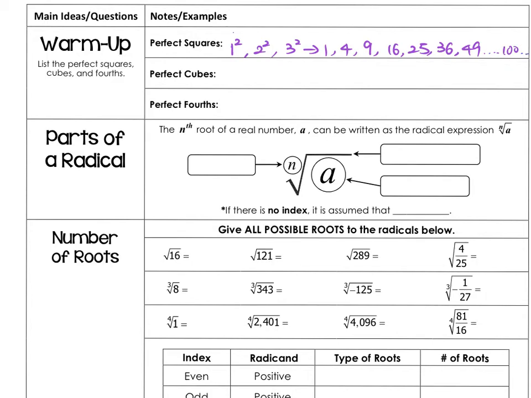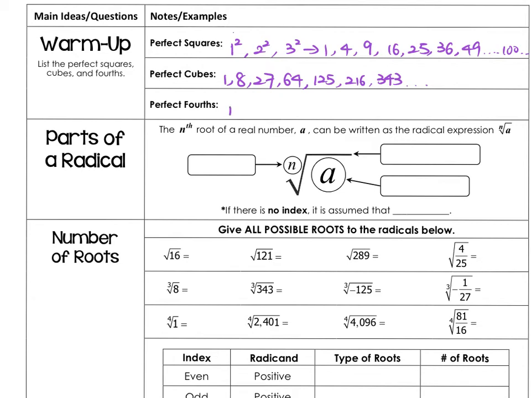Perfect cubes are 1 cubed, 2 cubed, 3 cubed. So that would be 2 cubed is 8, 3 cubed is 27, 4 cubed is 64, 5 cubed is 125, 6 cubed is 216, so on and so forth. 7 cubed, I think it's 344, so on and so forth.